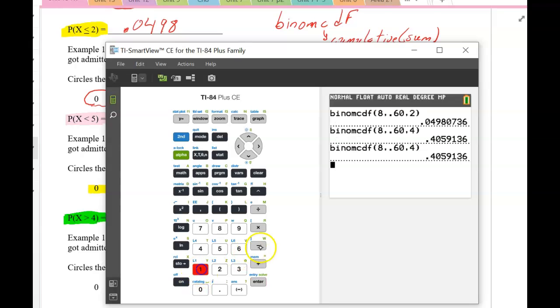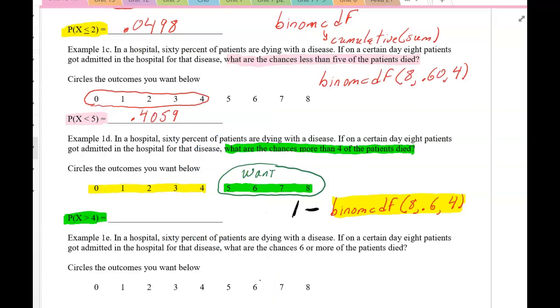Then I'm going to do 1 minus, and I'm just going to press second answer. You could type in the decimal if you want. And when you do that, you get 0.5940. So the idea for a greater than is you must do 1 minus that.